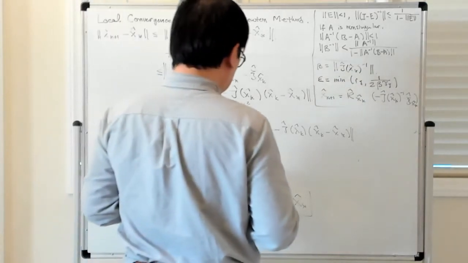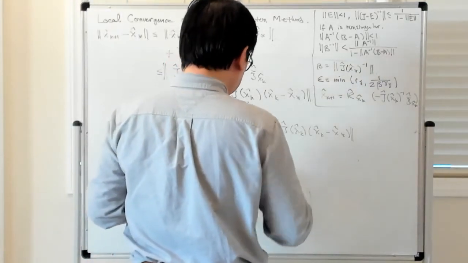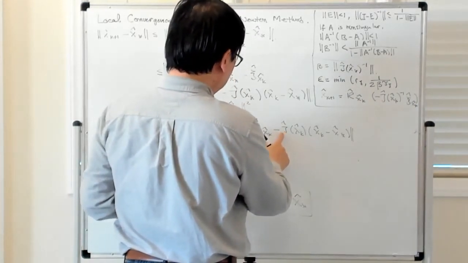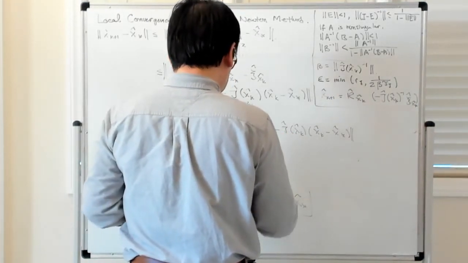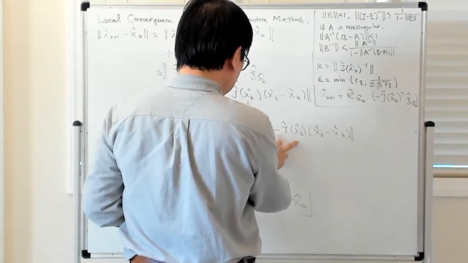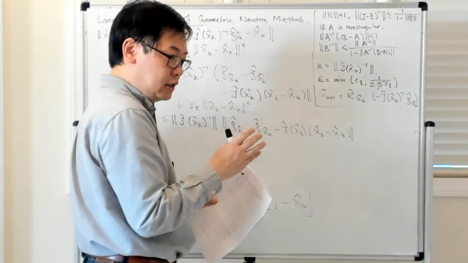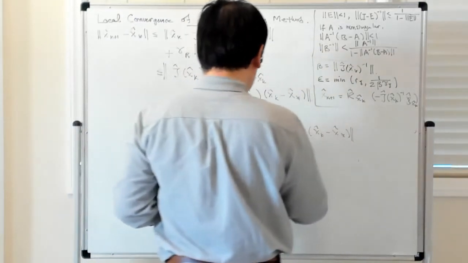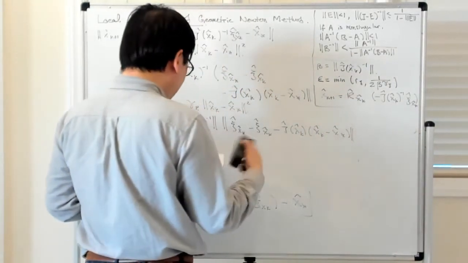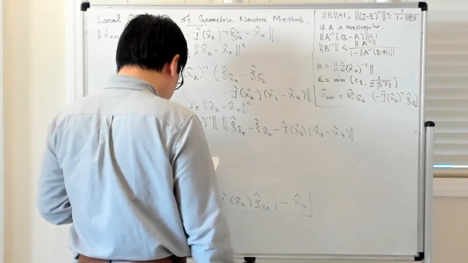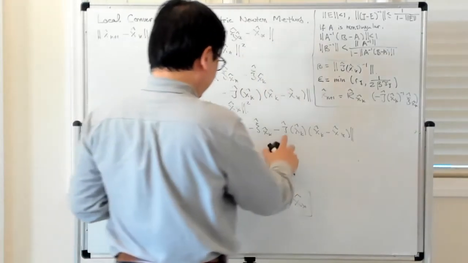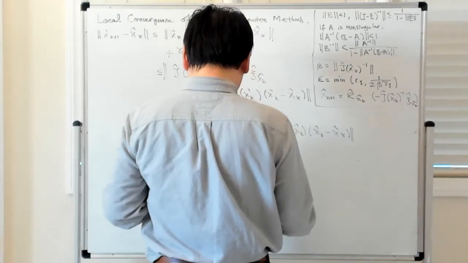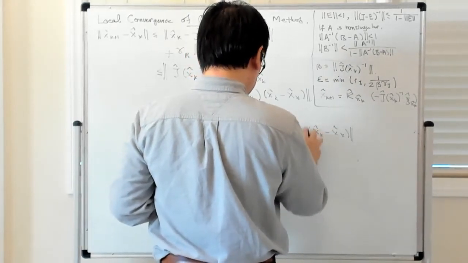But I'm going to do one other thing, which is to change this from J to D, because then this allows me to use the estimate for the classical Newton method. In order to do that, I also have to add a term which has to do with the error from replacing J with D.